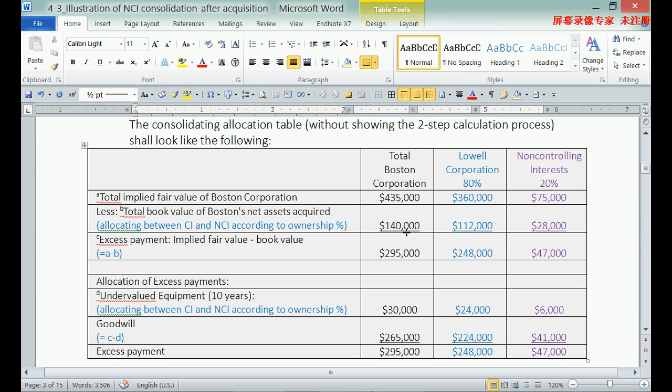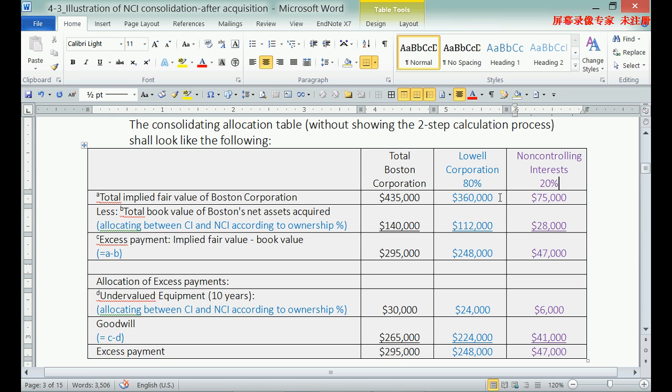And so take the difference between the two, you get the excess payment, and we need to allocate this excess payment to the equipment and goodwill. So we will allocate the undervalued equipment, 30,000, and the rest goes to the goodwill. I want you to look at the allocation by the CI and NCI.